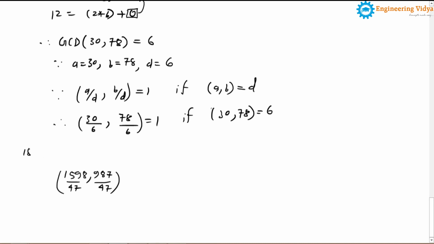They are saying we have to find the GCD of 1598 and 987. It means that if I find the GCD of 1598 and 987, then definitely the GCD will be 47 only, and if I divide by 47, then the answer will be 1. You may know the answer, but you will have to show it manually. You cannot write it directly, because you will have to show the steps in the exam.